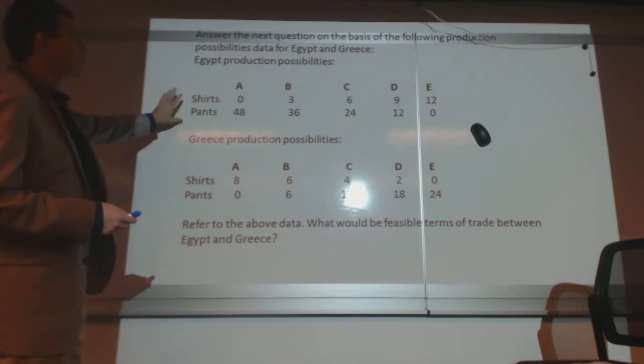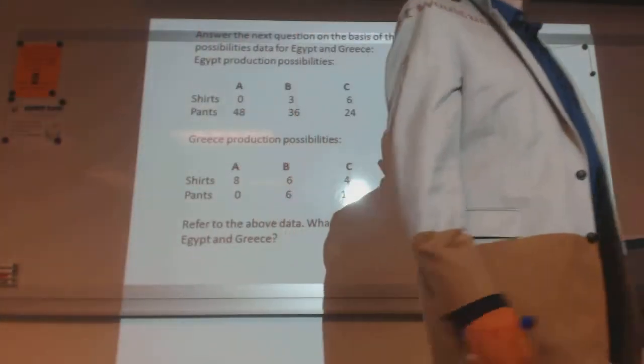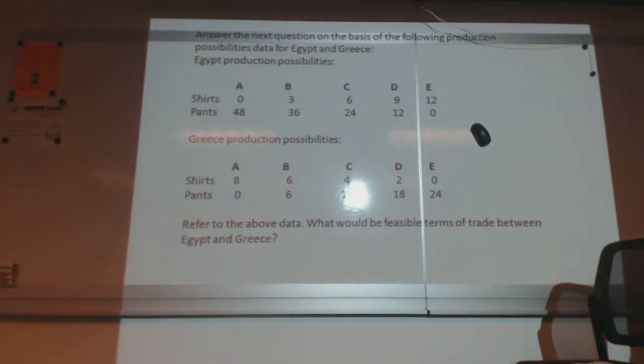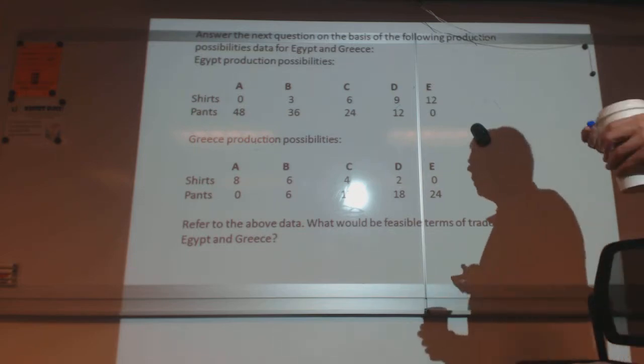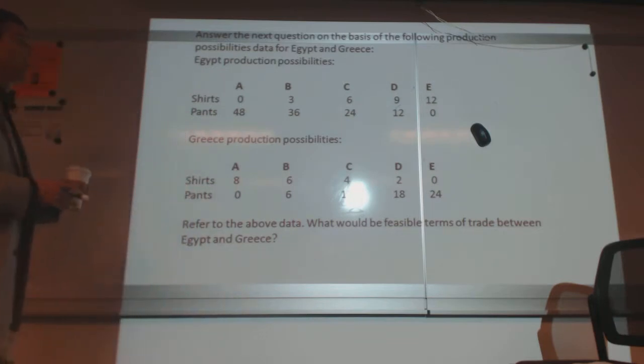We have two countries, Greece and Egypt, and we're going to assume there's no massive inflation in Greece at this point because that'll just throw off our analysis. So for the sake of argument, let's assume Greece and Egypt are producing two products. The question is, what would be feasible terms of trade?